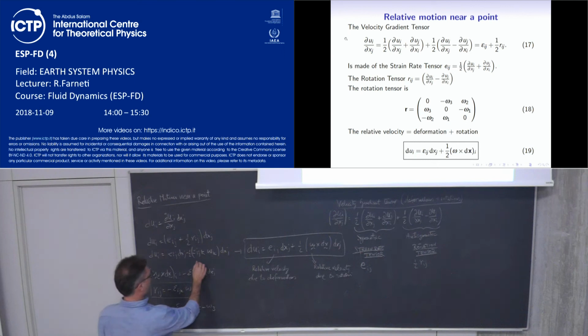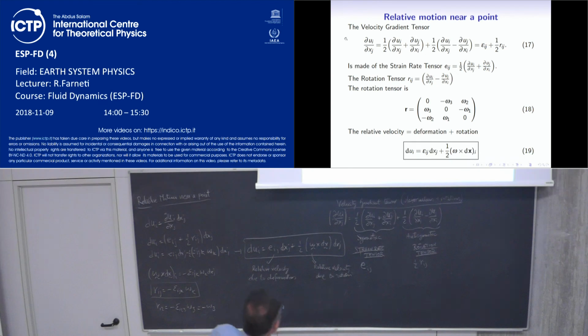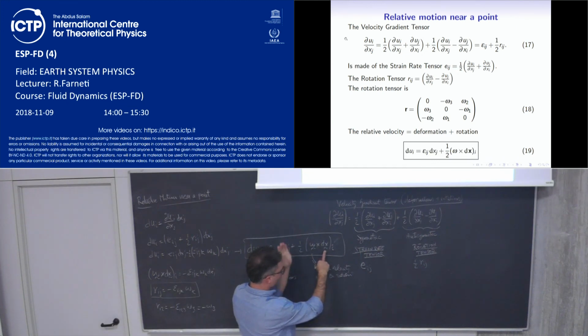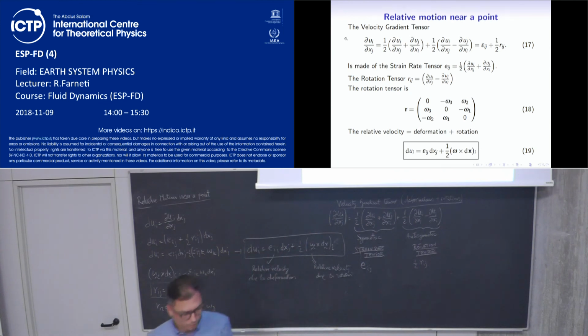So I'm writing... Yes, there's an angle. Thank you. Because this is the angular velocity at some dx distance from the axis of rotation.